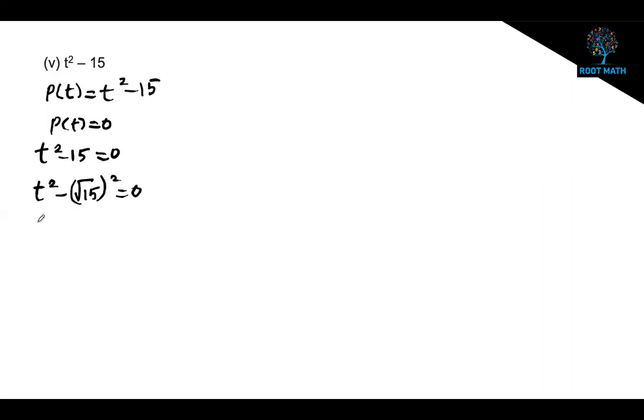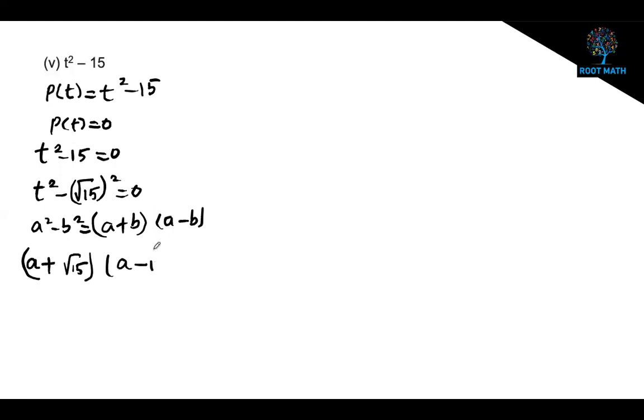A squared minus b squared is equal to a plus b times a minus b. This is the identity we are going to use. So t plus root 15 into t minus root 15 are the two factors. That means in the place of a, we are going to put t.